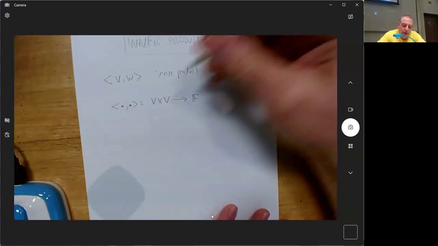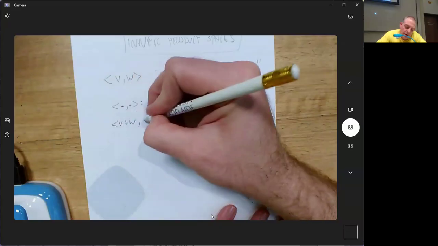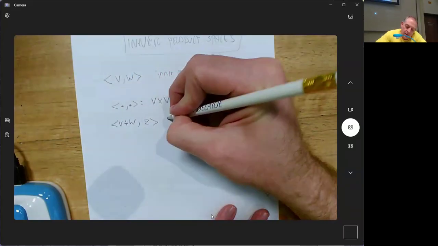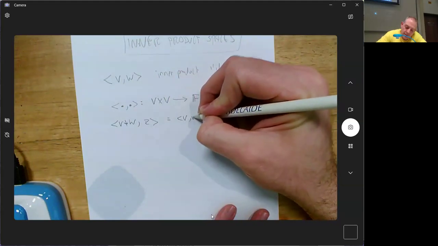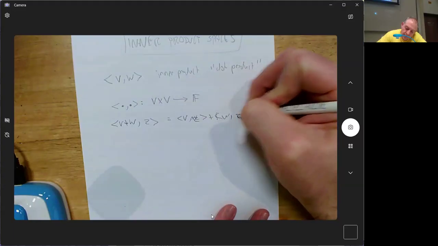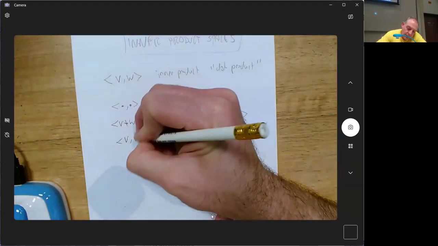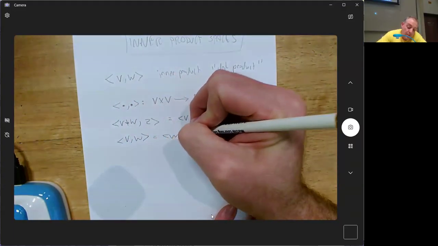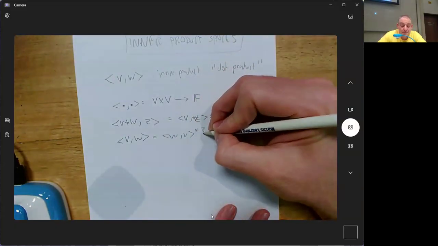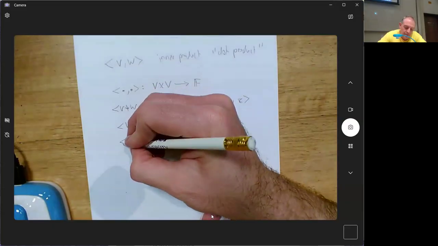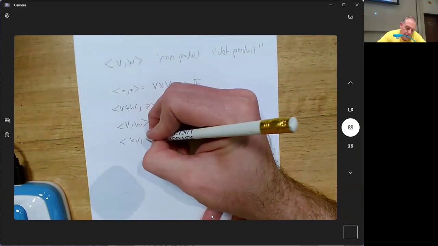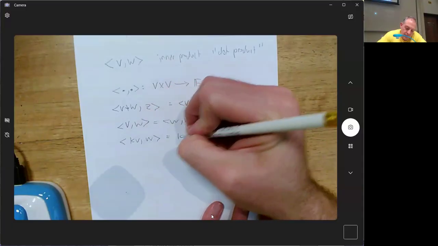And it should have the property, I'm assuming, that V plus W, Z is VZ plus WZ, and that VW is the same as WV, probably, maybe with a star, and KVW is K times VW.